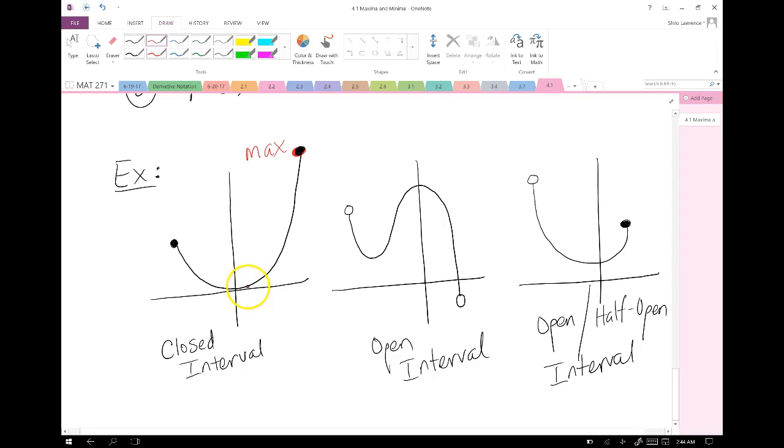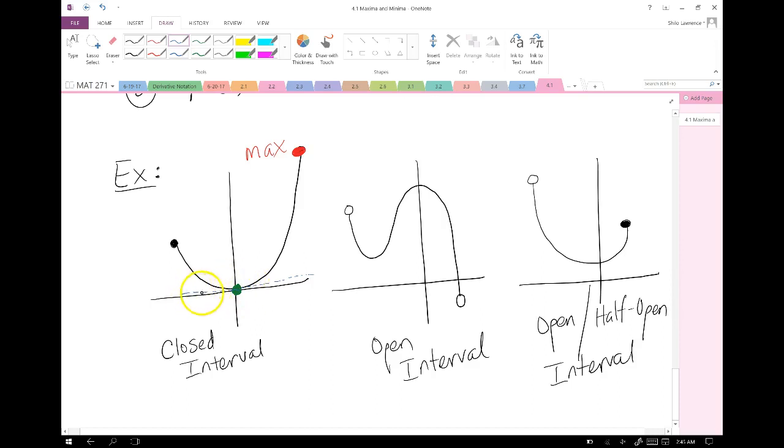Now our minimum, this kind of looks like a piece of a parabola. The minimum looks like it's at the vertex, which I kind of meant to be here at the origin. Now, what is special about this point is if you try to draw the tangent line there, the tangent line is horizontal. Horizontal lines have a slope of 0. That is a critical value.